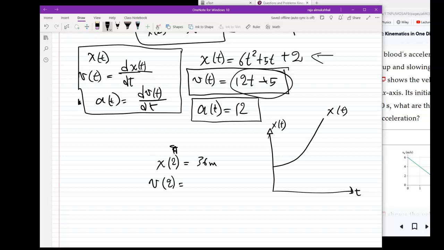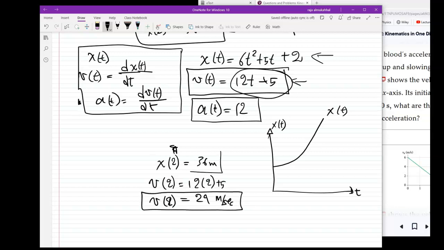You got it? What about the velocity of the particle at 2 seconds? Well, plug it in here. That will be 12 times 2 plus 5. That will be 24 plus 5. That's 29 meters per second. What that means is, at the second, the particle has traveled 36 meters and its speed at that moment is 29 meters per second.